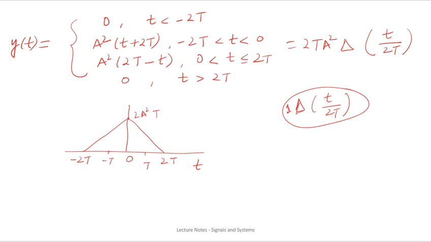You can assume that there is a 1 written over here, so the height is represented by this factor, which is unity here. So unit height, centered around t equals 0, with base length of 4T. This is the length on one side, so the overall length will be multiplied by 2, that is 4T. This part represents the amplitude of the signal.